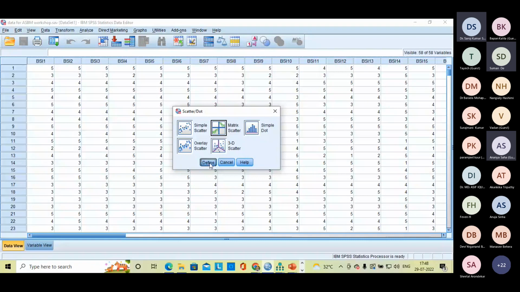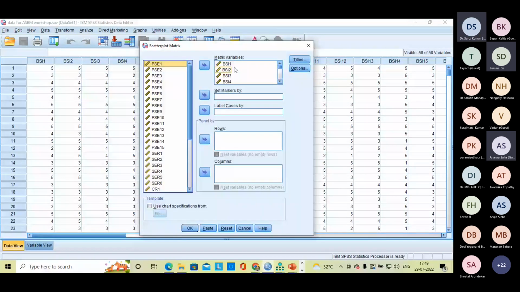Now, for the sake of simplicity, I will take some of the variables, not all.